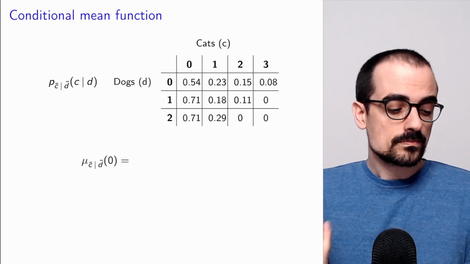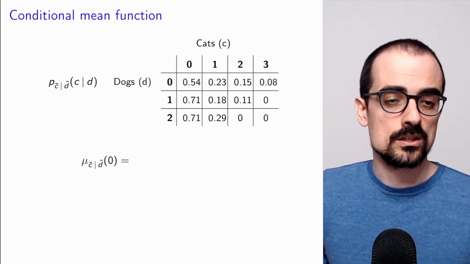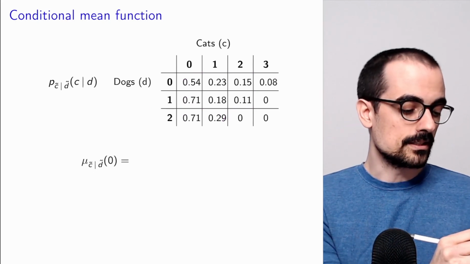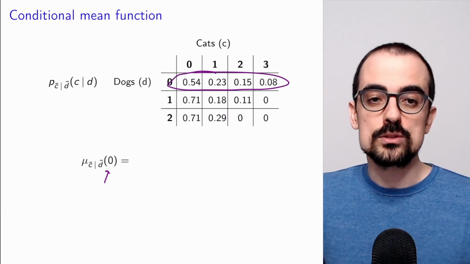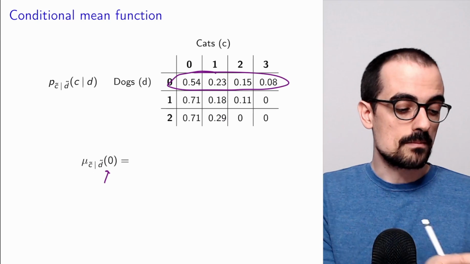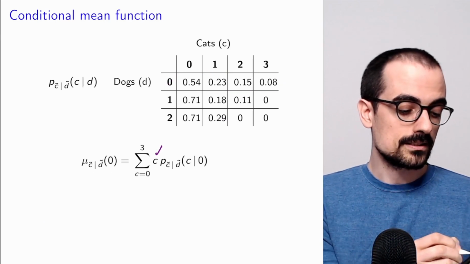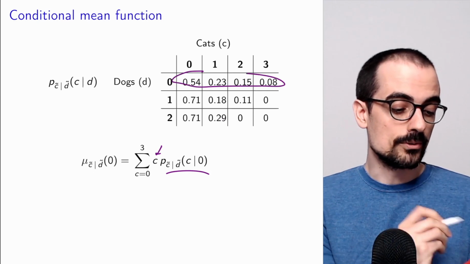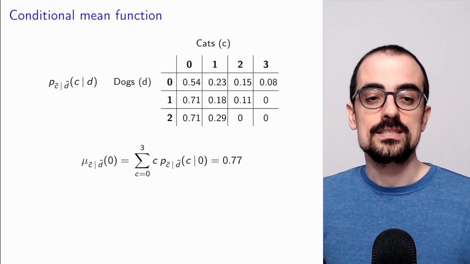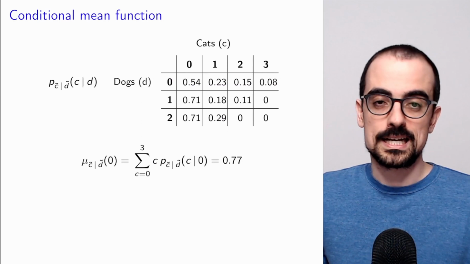And now, if we want the conditional mean of the number of cats given that there's 0 dogs, what are we going to do? We're going to compute the mean according to those probabilities. We're going to sum all the possible values of the number of cats times the conditional probabilities given that there's 0 dogs, and the result is 0.77 cats.